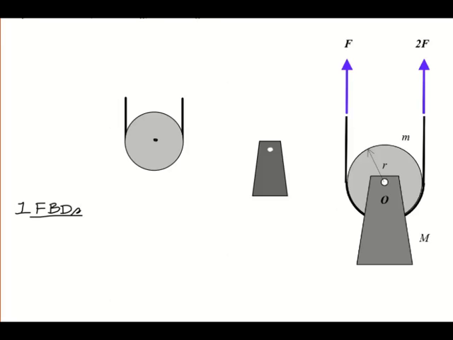And as I draw the forces that are acting on this, it's F on the cable on the left, 2F on the cable on the right. There is going to be the weight force here of mg, and there will be, in general, an x and y component of force at O due to that load.